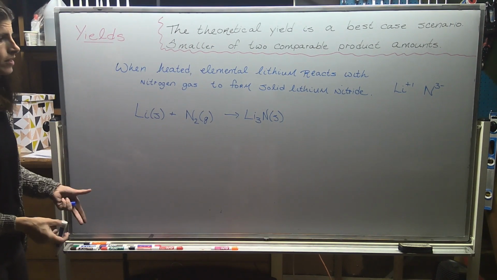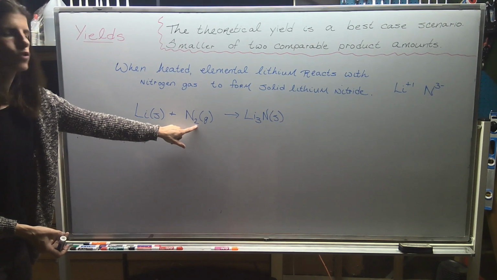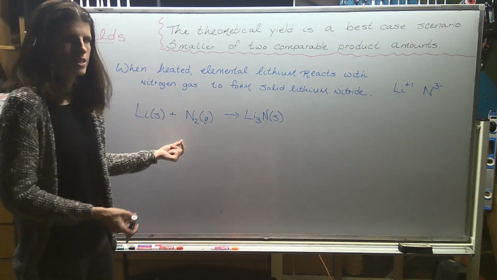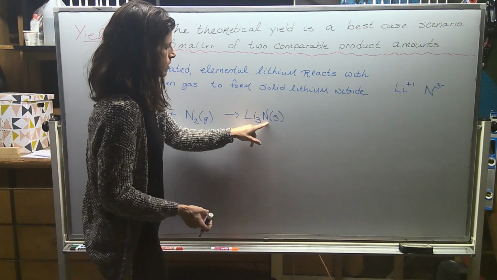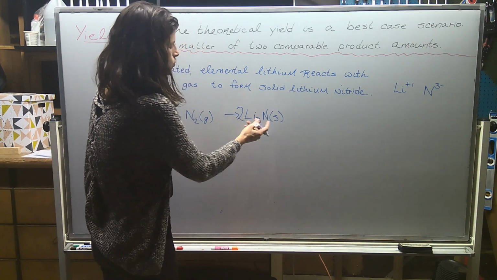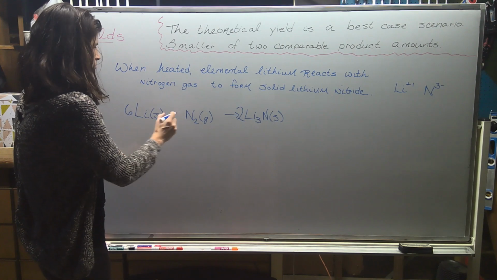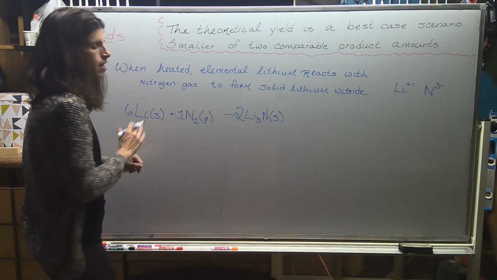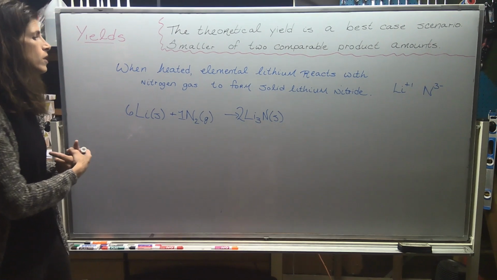Then we have to balance it. So the first thing that sticks out to me is that I have 2 nitrogens. I can't really do anything about that. They're going to come in groups of 2. So I could put a 2 out front here, and that would give me 2 nitrogens. At that point, I have 6 lithiums, which I can fix there. So we're going to have 6, 1, and 2 as our coefficients of that balanced equation.